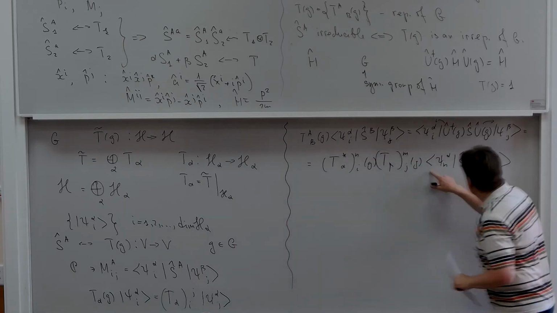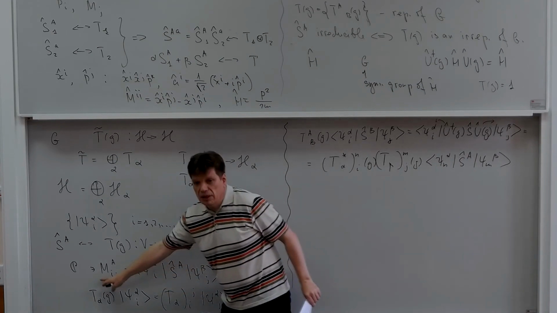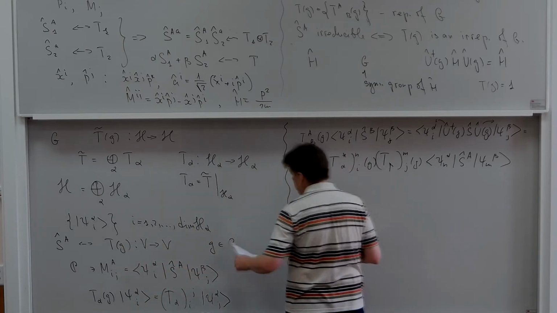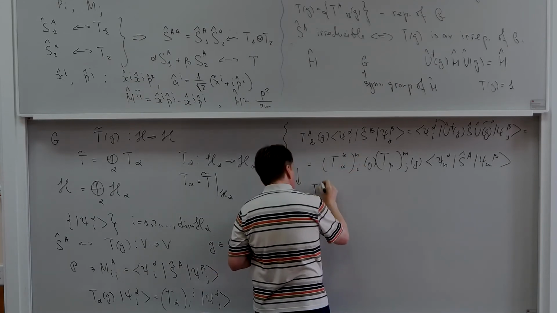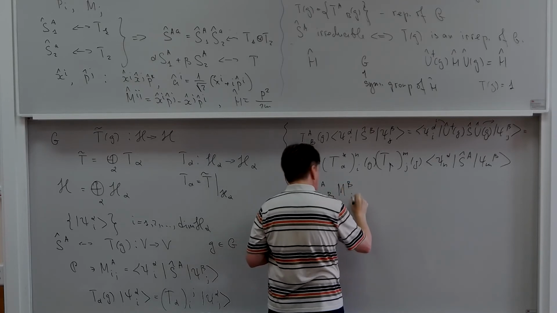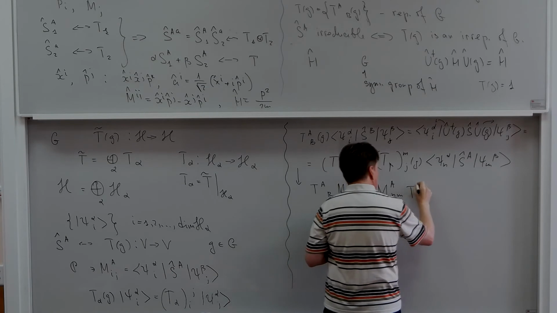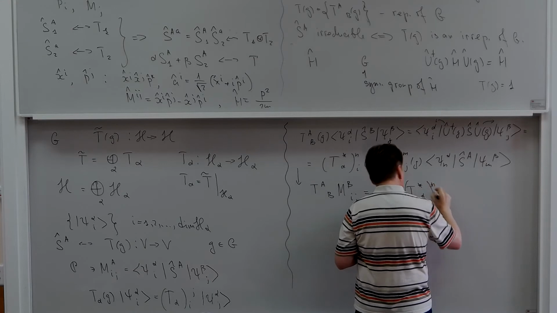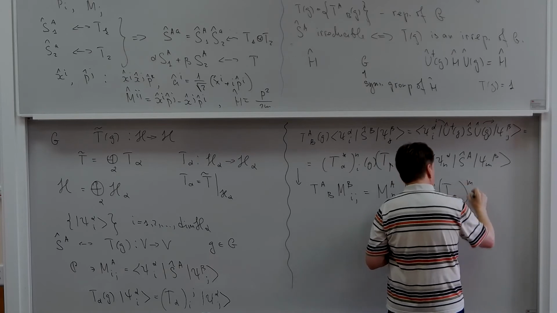I see that this is nothing but my original matrix element M. So with the help of the definition of the matrix element M, I can rewrite this equality in the following way: T tilde of g times M beta i j is equal to M times T star alpha and i to beta and j.